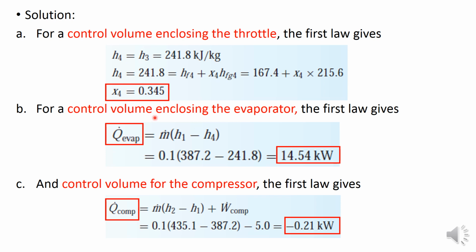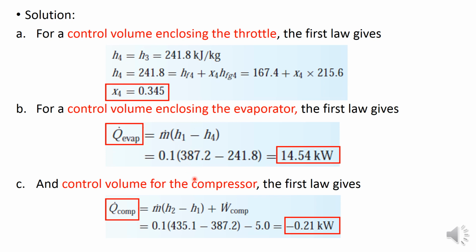Next is a control volume enclosing the evaporator, where we are supposed to find out the amount of heat absorbed. Remember, here it is not heat rejected, it is heat absorbed, so it is positive, which is given by the equation m dot times H1 minus H4. Try to get this particular equation from the first law, as all the rest of the parameters are neglected. So mass flow rate is given.